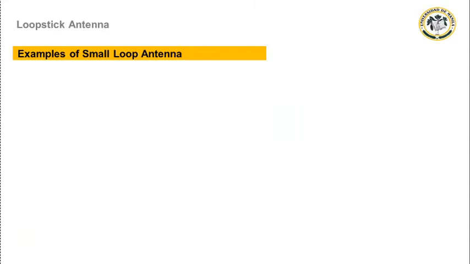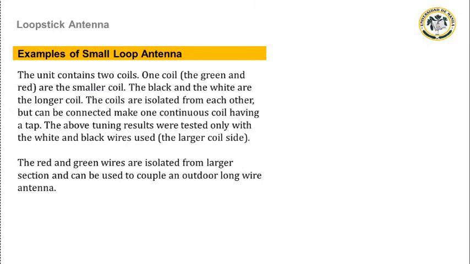Next example is a unit that contains two coils. The green and the red wires are the smaller coil. The black and the white are the longer coil. The coils are isolated from each other, but can be connected to make one continuous coil having a tap.